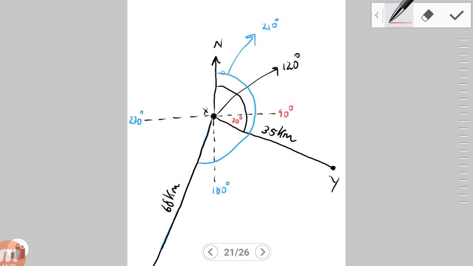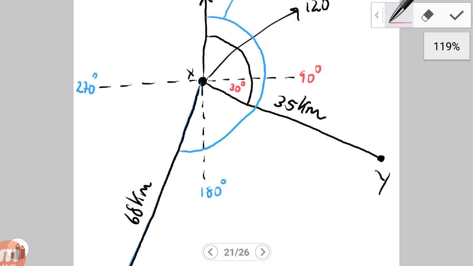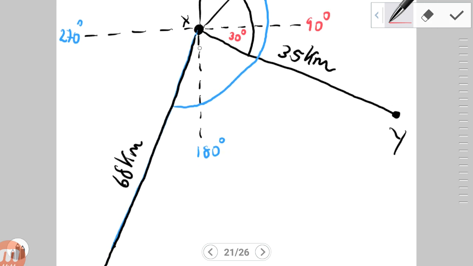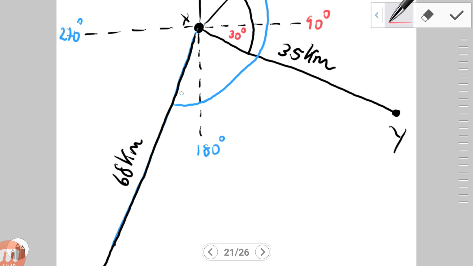All right, and we already established that this blue bearing coming all the way around here is in fact 210. So I could find this little piece of angle in here. We know that this is 180. This guideline chops the 210, so this here would be 30 degrees.